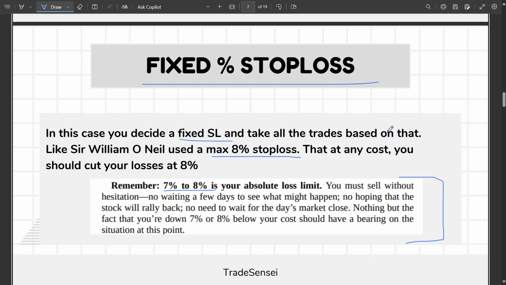Here you will be keeping a stop loss of, let's say, 5% or so. Or you can take a trade on the portfolio basis: my position size is 20% and my overall risk is just 1% of my entire portfolio, right? That depends on you. You keep the stop loss percentage as per your position size or as per your portfolio. That totally depends on you, right?